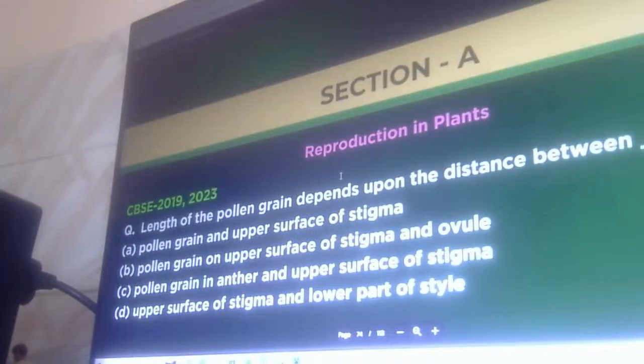Length of pollen grain depends upon the distance between the pollen grain and the upper surface of the stigma. Or is this the pollen tube? Length of pollen tube, I think it's pollen tube.